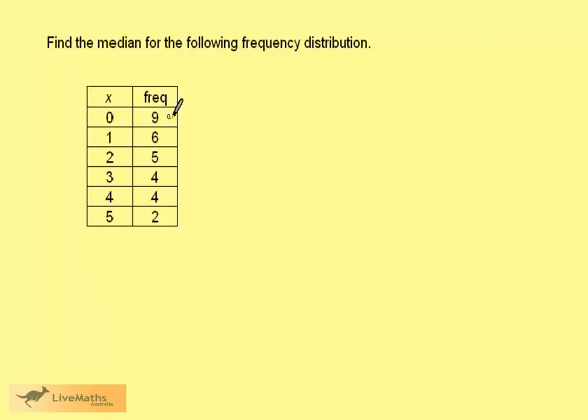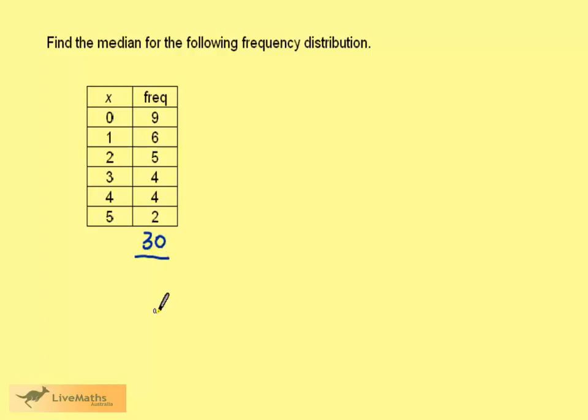So now we have yet another frequency distribution. We need to follow through the same plan. We want to know how much data we have. 9 and 6 is 15, add 5 is 20, add 4 is 24, 4 again is 28, and adding 2 gives us 30.